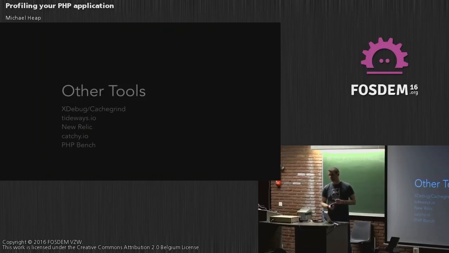But I would say that the UI is actually worse than XHProf. There's Tideways, which used to be QafooLabs. There's New Relic. There's Cache.io, which I learned about yesterday at PHP Benelux. It's quite interesting. And I want to give a special mention to PHPBench by Dan Leech.